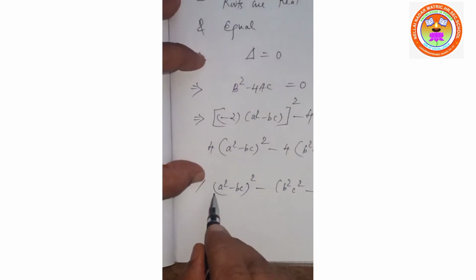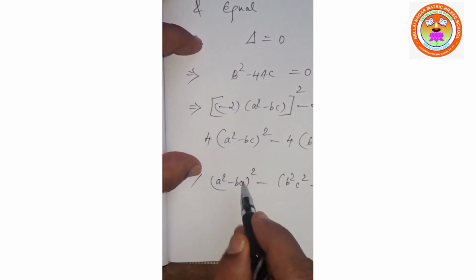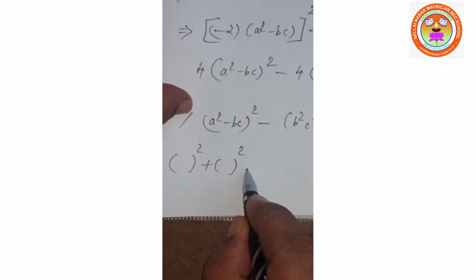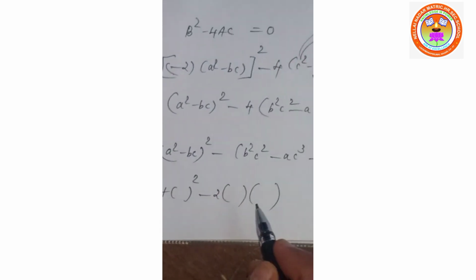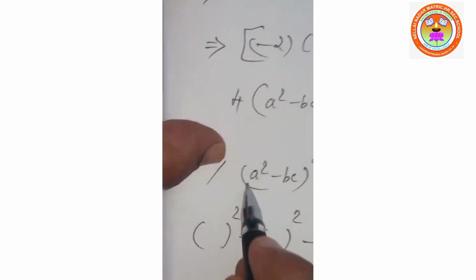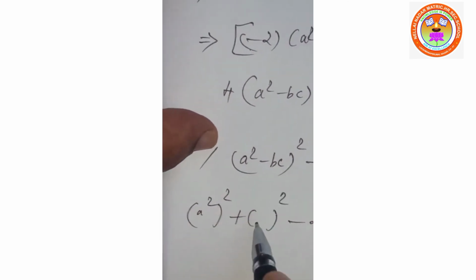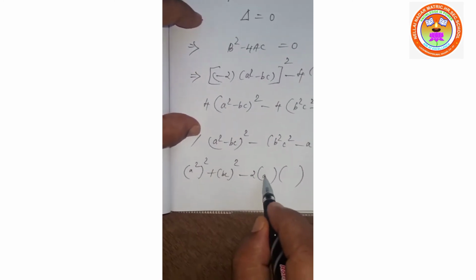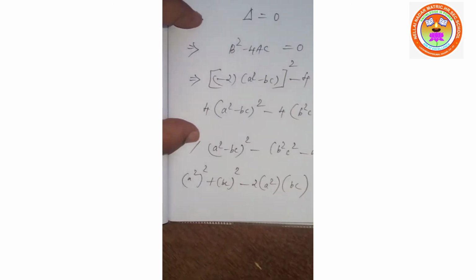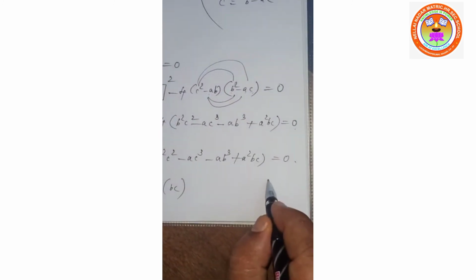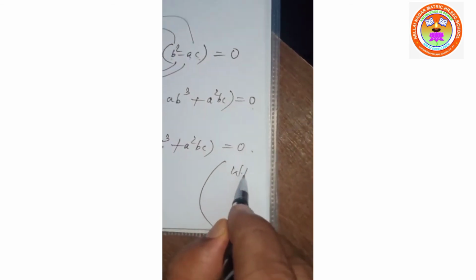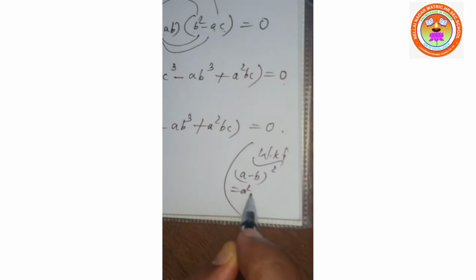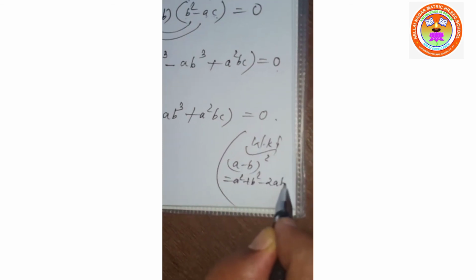Now, you know the formula: a minus b the whole square is a square plus b square minus 2ab, correct? So it should be considered as a. Instead of a, what is here? A square. Instead of b we have bc. For your reference, I write the formula: a minus b the whole square equals a square plus b square minus 2ab.